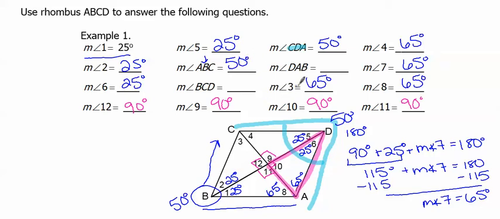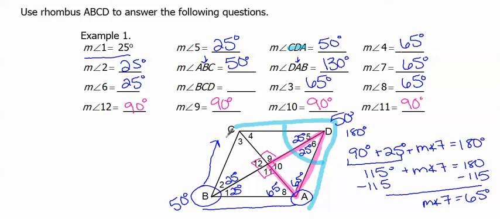So let's see what I have left. I probably have these other 2 angles, but let's go ahead and mark them so you can see what we're talking about. So if I look, and I'm looking for angle A right now, so I'm looking for A to be in the middle, DAB. 65 plus 65 is 130.